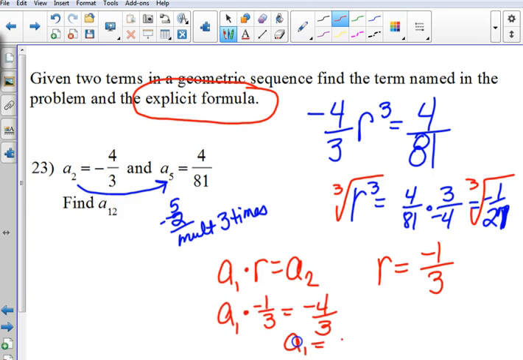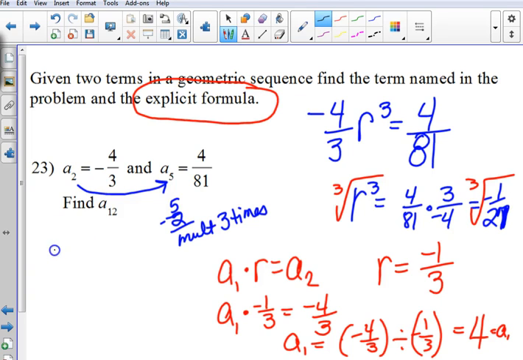Or the first term was negative 4/3 divided by negative 1/3. Some of you have trouble when it's fractions. Flip it over, multiply, and you get... I got positive 4. Did someone get positive 4? Yeah. Lost? Anybody? I can go over more steps. Okay, so now that we know that was the first term, right? Okay, now let's write the explicit form.